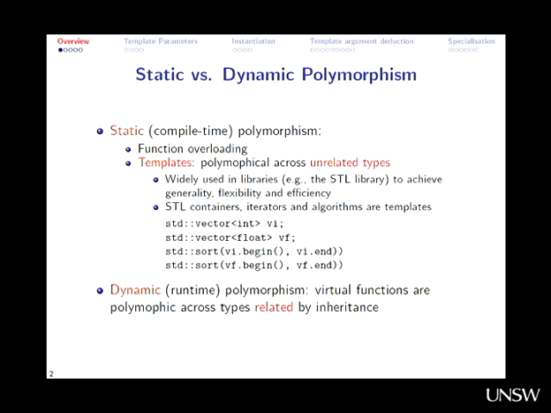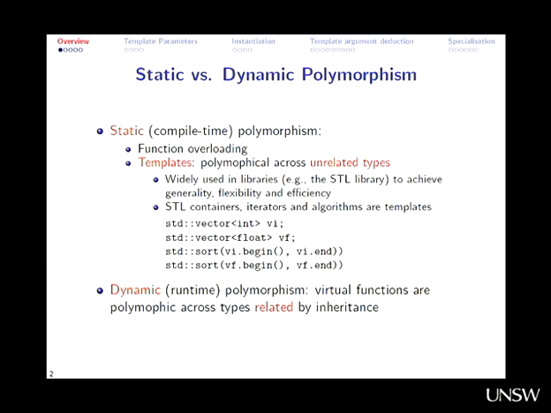Polymorphism comes in many different forms. Function overloading is a form of polymorphism. It's the same function, but behaving in different ways based on its parameters. Runtime polymorphism we haven't seen yet, but you would have seen it when you were working with Java, in the idea of inheritance.